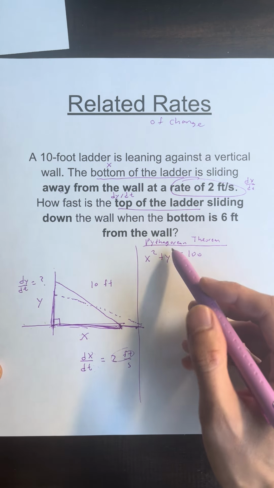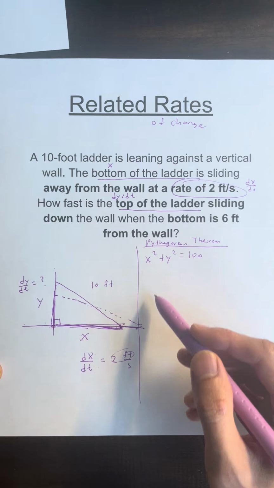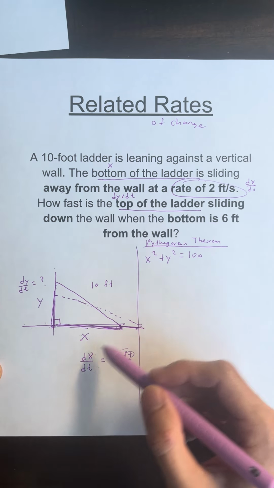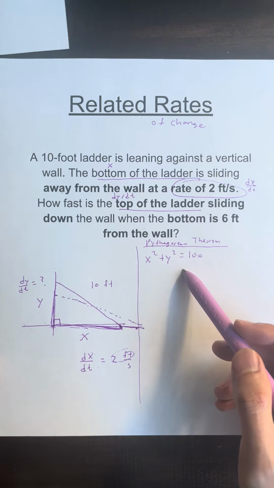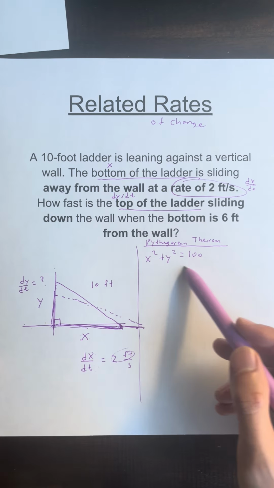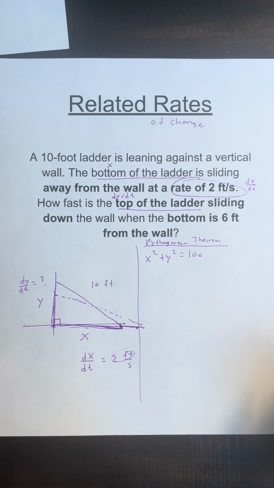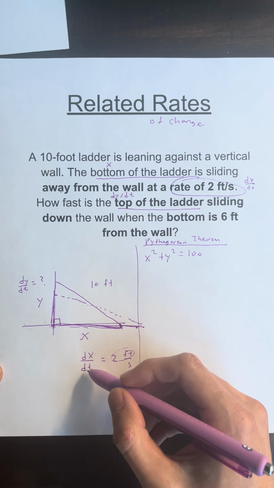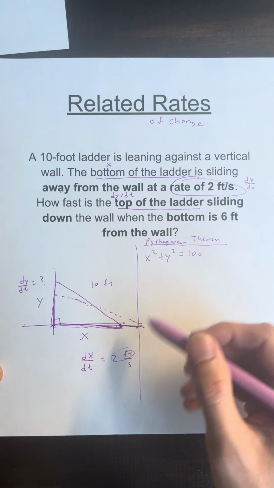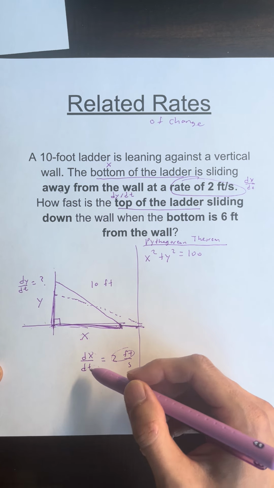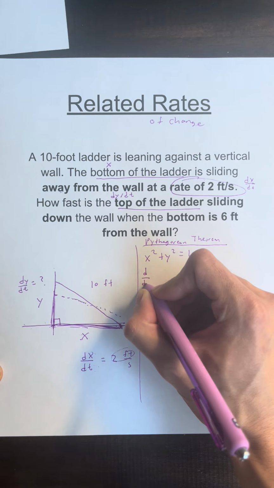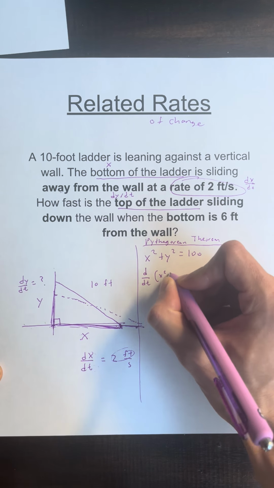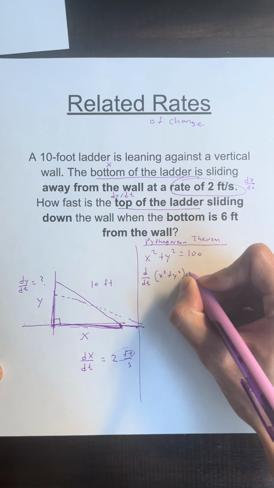In other words, how can we change this equation such that it has dx dt in it as well as dy dt in it? What should we do to both sides of this equation? There's no t in here. So if we want a dt there, we would have to take d dt of both sides of the equation like this.